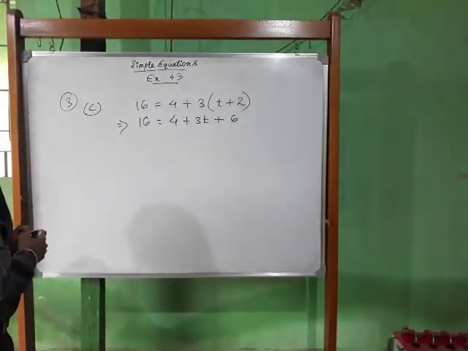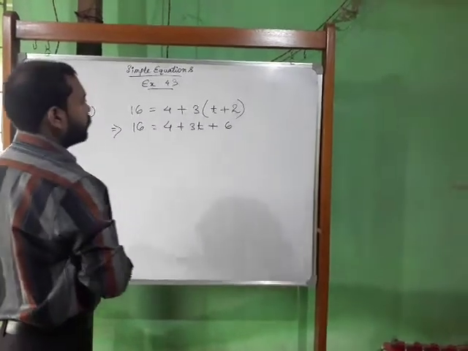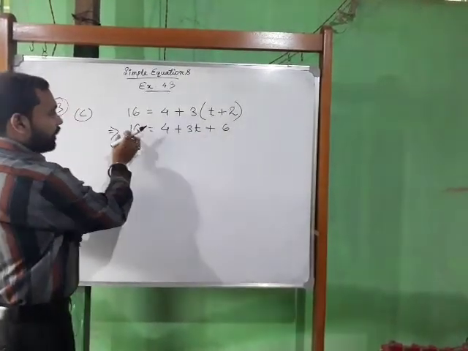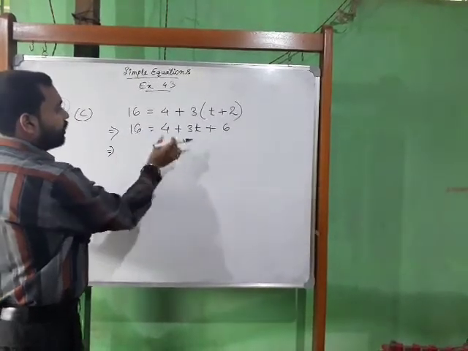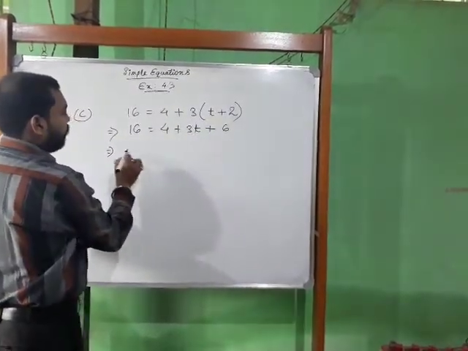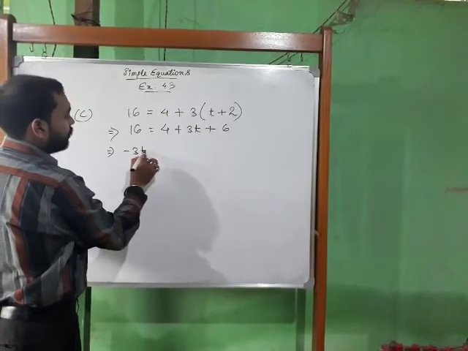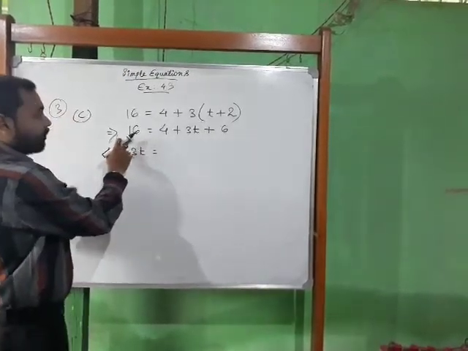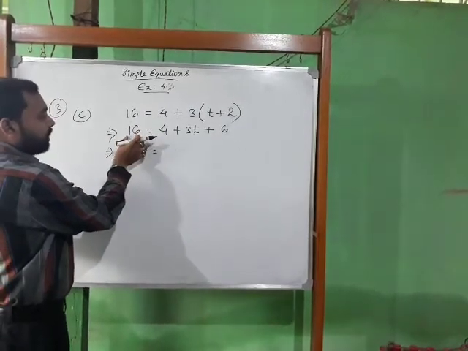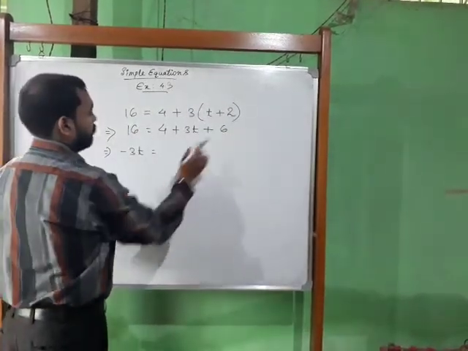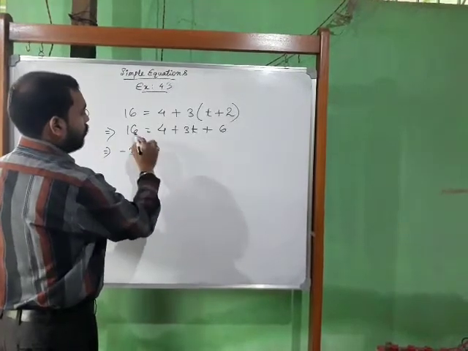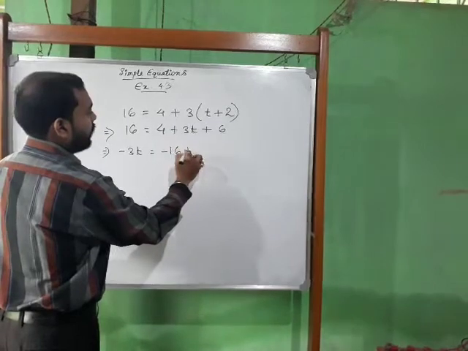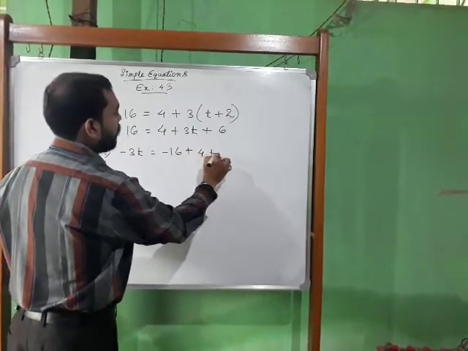Okay, now what we can do, we can bring this 3t on the left hand side. Okay, so bring it. So this 3 plus 3t will become minus 3t. Okay, equal to, and this 16 is on the left hand side, bring it on the right hand side. So this 16 will become minus 16, and the remaining numbers are 4 plus 6.